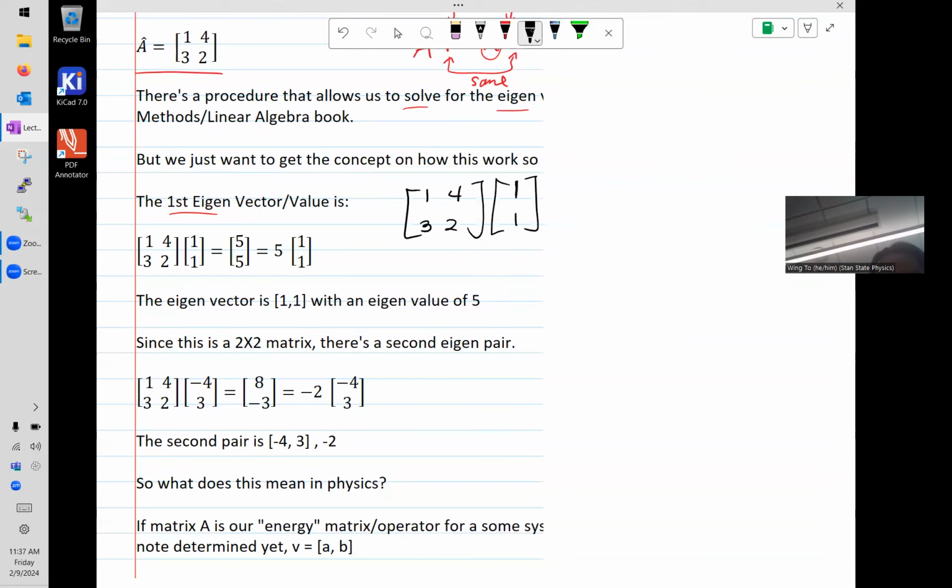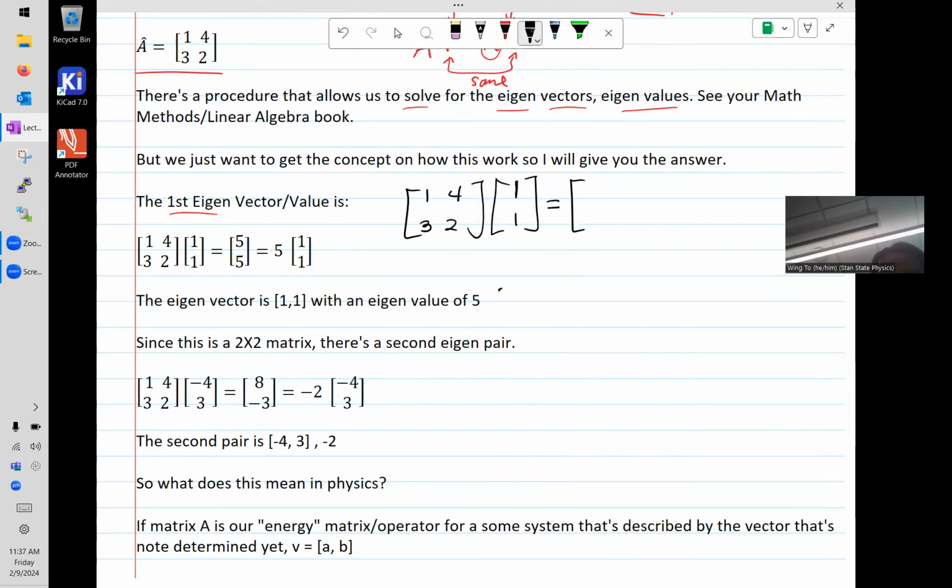So the top element is going to be 1 times 1, and then I have to add 4 times 1 to that.